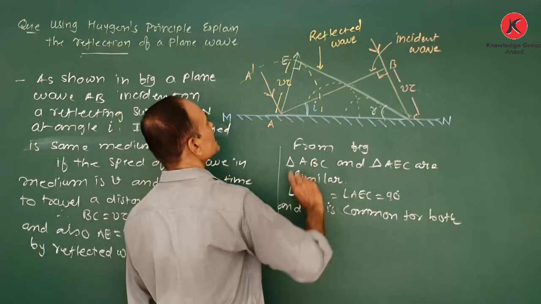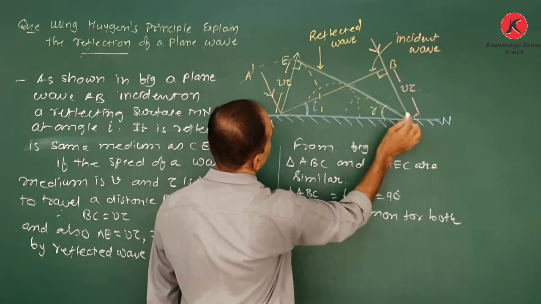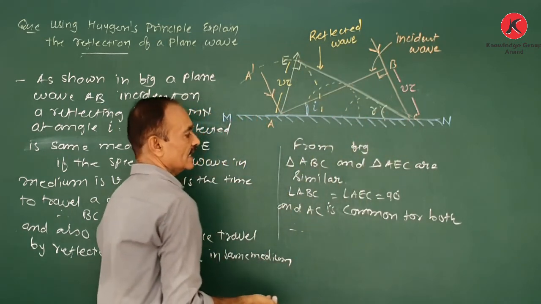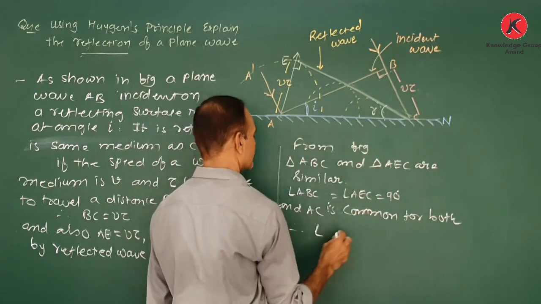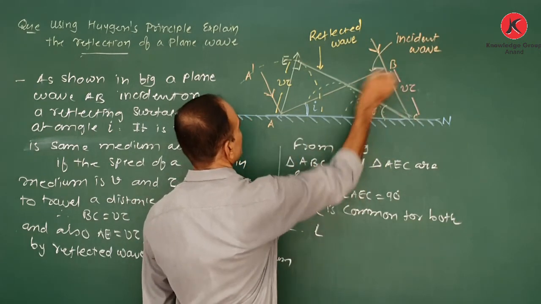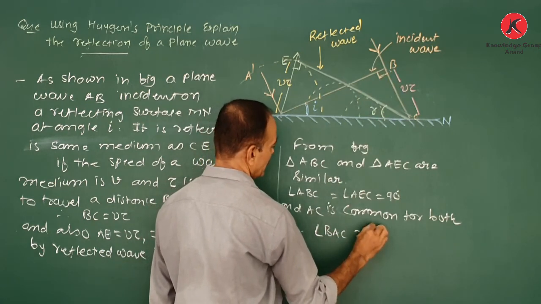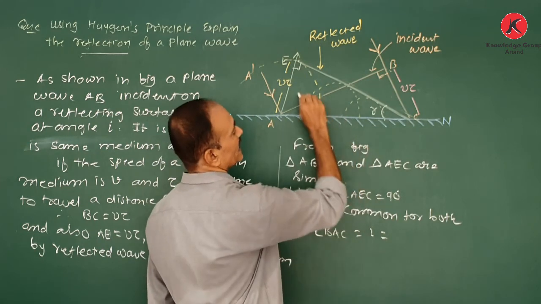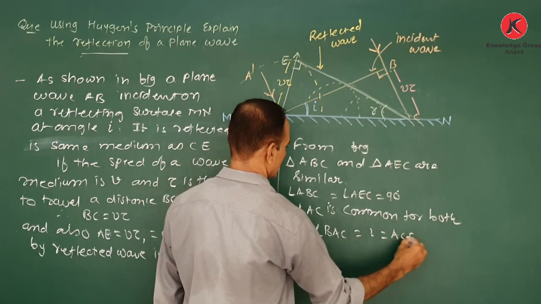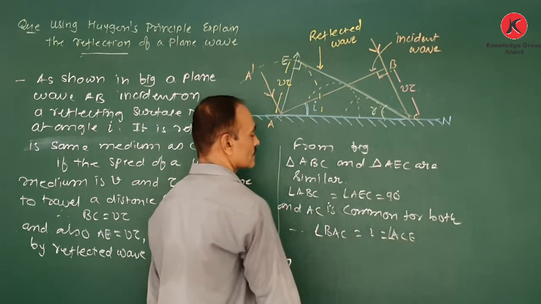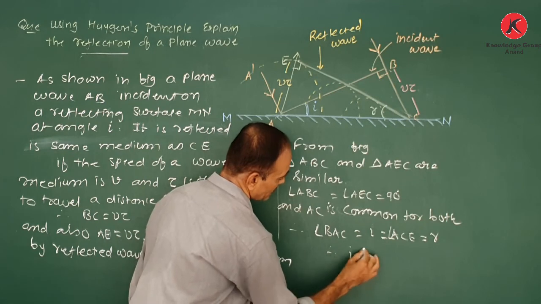Therefore, triangle BAC is congruent to triangle ECA. Therefore, the angle BAC, which is equal to i, is the same as the angle ACE. Angle ACE is equal to r. Therefore, i is equal to r.